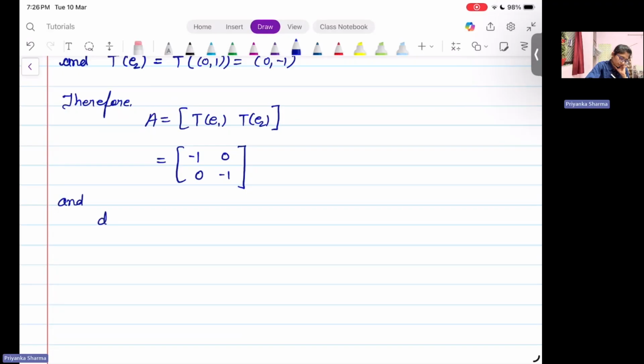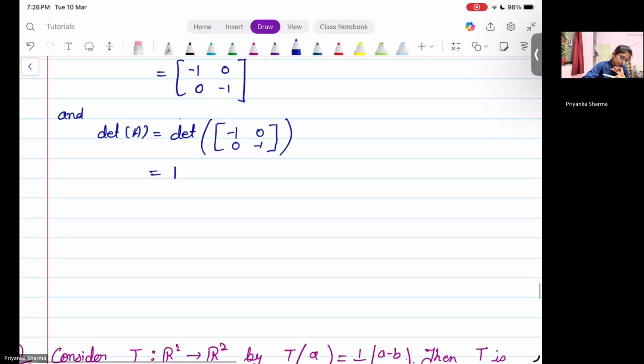And what will be the determinant of A? This will be the determinant of this matrix, which is clearly 1. Therefore, T is a rotation.